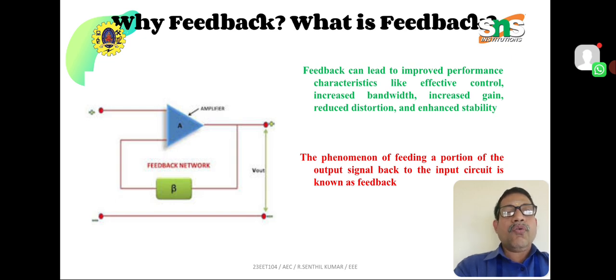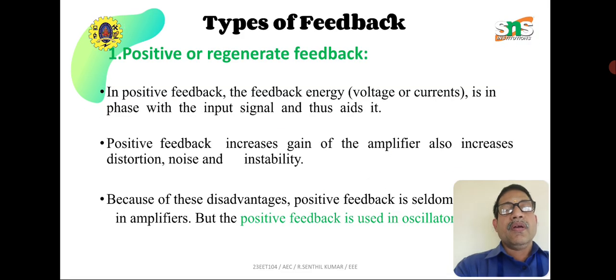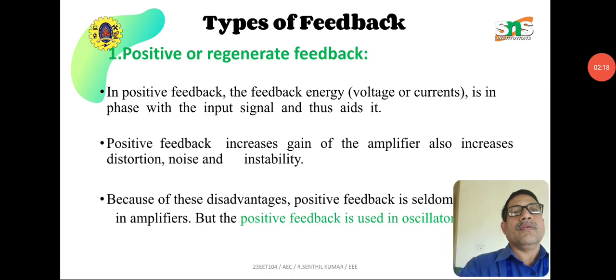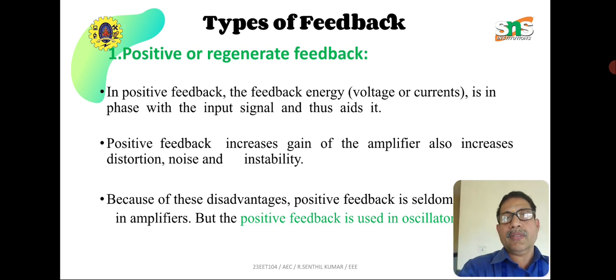The phenomenon of feeding a portion of the output signal back to the input is named feedback. Now the output is fed back to the input, and depending on the feedback, it is divided into two: one is positive feedback and another one is negative feedback. Now let me see the positive and the negative feedback.